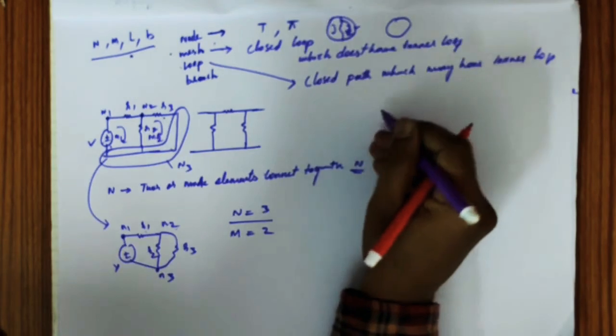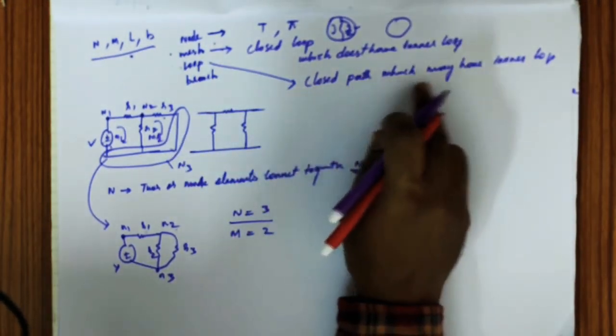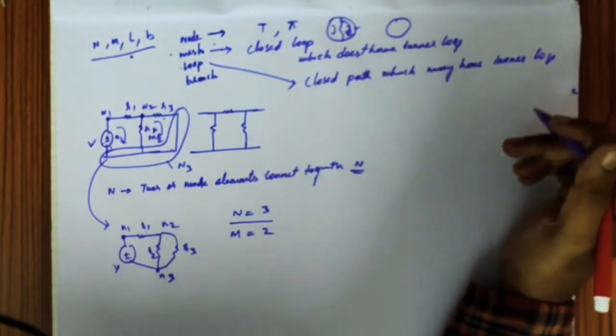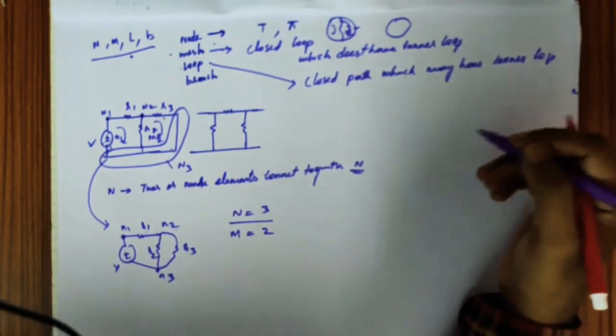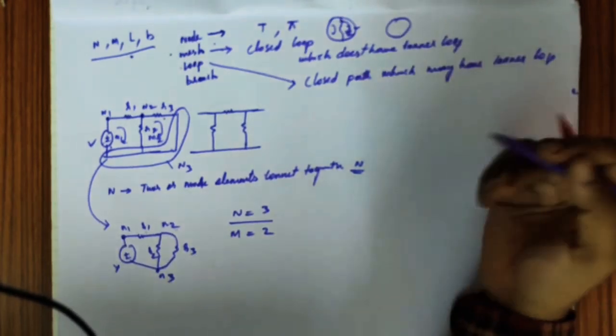A loop is a closed path which may have an inner loop, or may not have an inner loop, but it is still called a loop. If it has an inner loop, then it is called a loop. If it is not having an inner loop, it may be called a loop or a mesh.